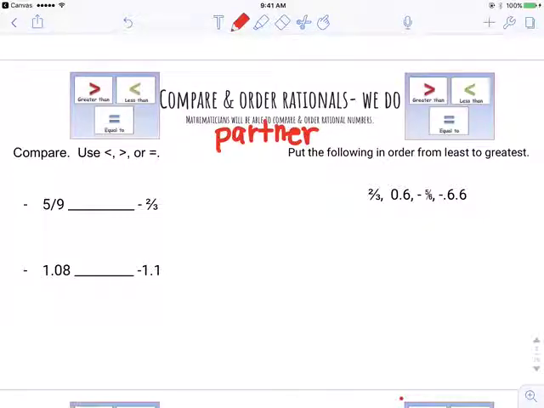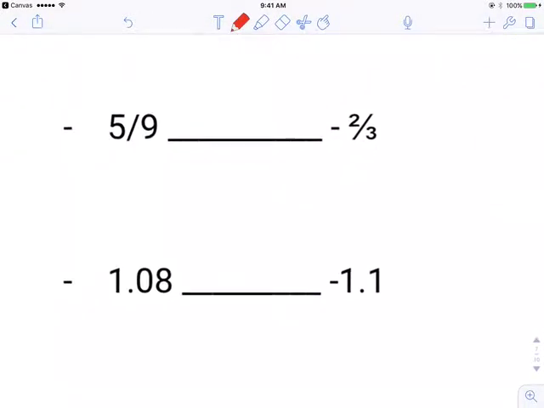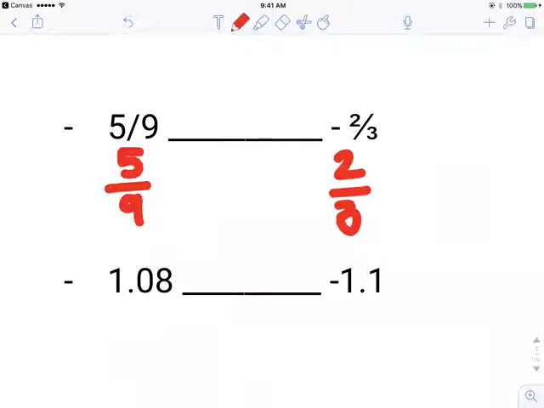All right, so now you should have done this with a partner. So you're going to come back and you're going to look at these first. I can see that 5/9 and 2/3 do not have a common denominator. So you should have, with your partner, made a common denominator of 9. 3 goes into 9 3 times, so 2 times 3 is 6.